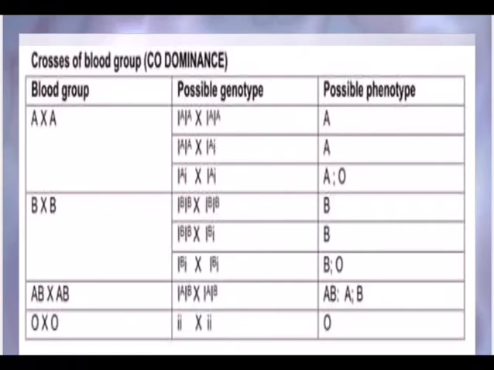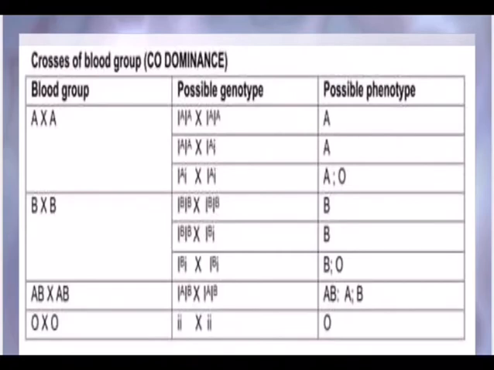Similarly, it can be A with another possible genotype combination, IA versus I0 also. Then you get A. Similarly, if you get I0 and I0, then there is a possibility of not only A, O also can be formed. That is universal donor, O.